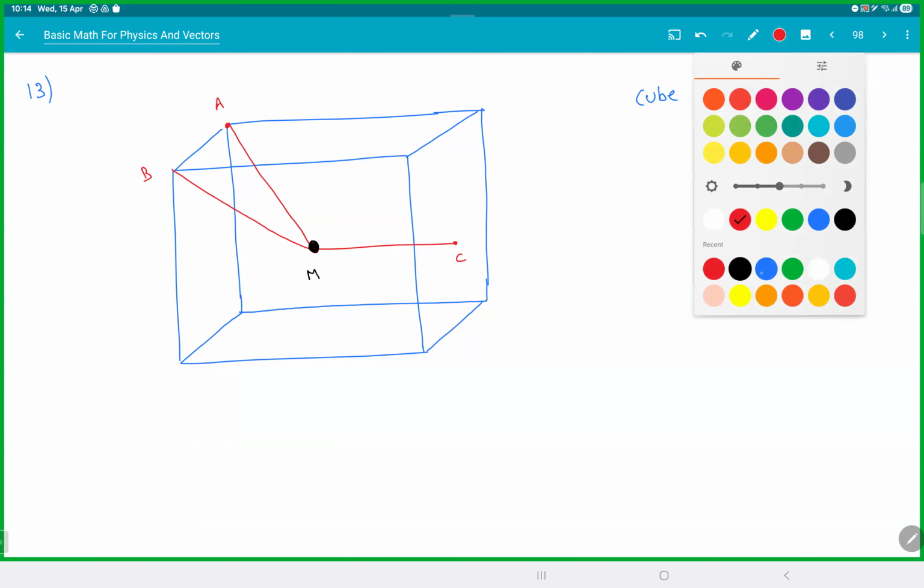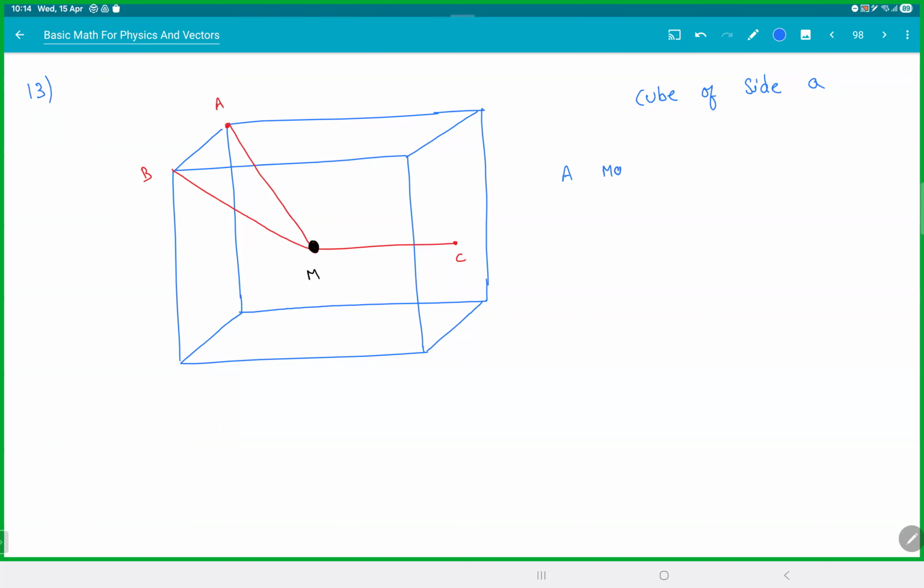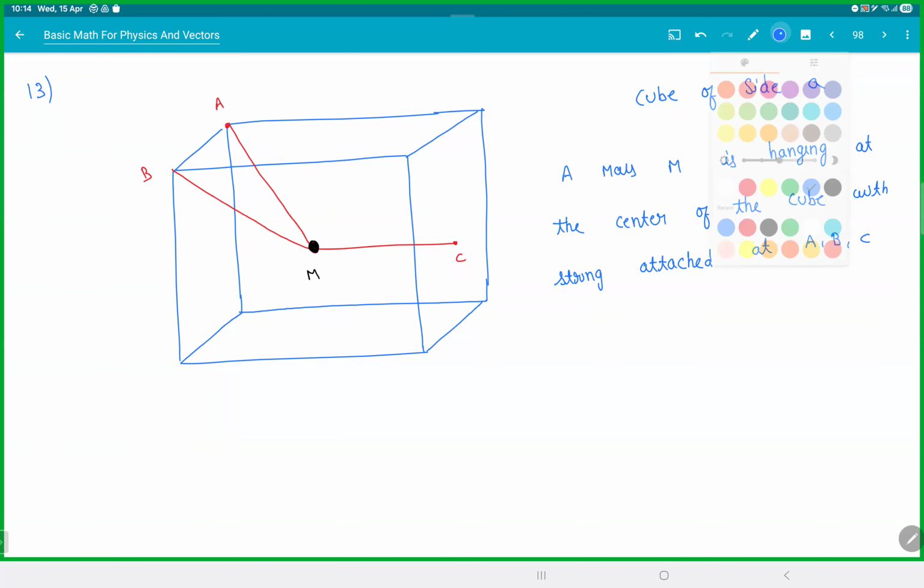This is a mass m. So a mass m is hanging at the center of the cube, with strings attached at A, B, C. Let's say this string has tension T2.